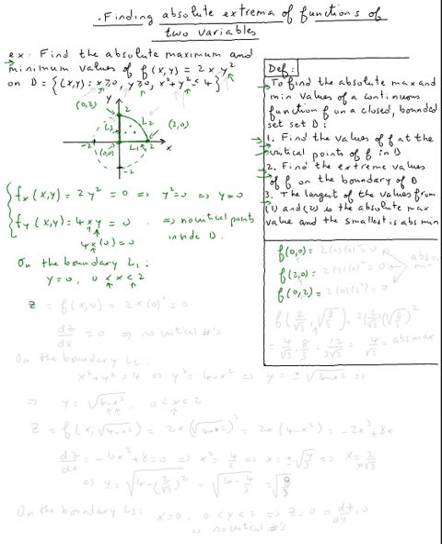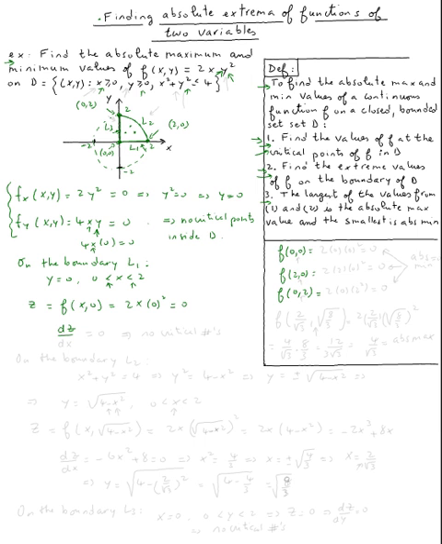Now we need to evaluate the function at the boundary. So z will be equal to f, x can vary, but y is equal to 0. Whenever we see y, we plug a 0 into our function. So this will be 2 times x times 0 squared, which is just 0.